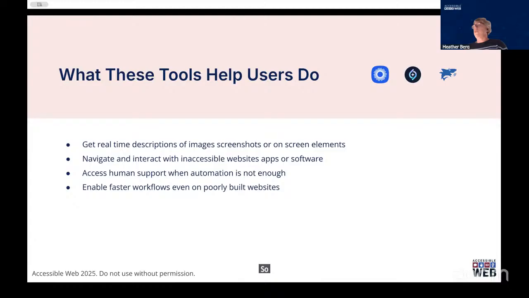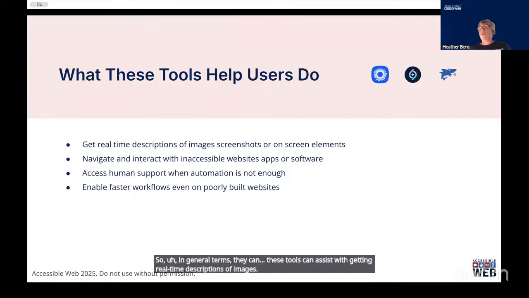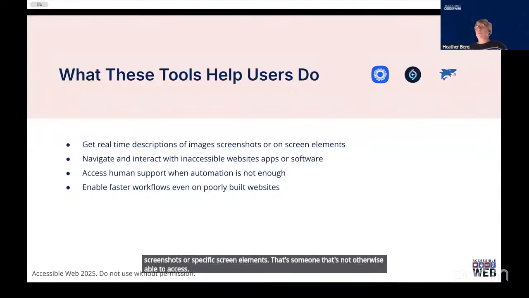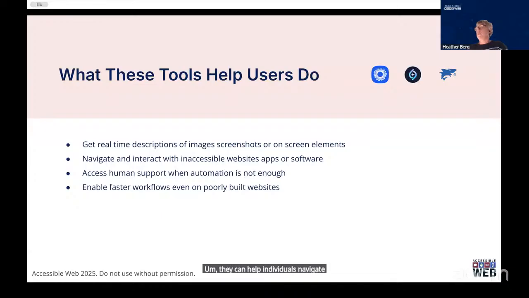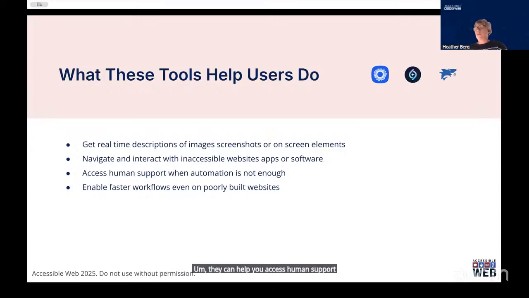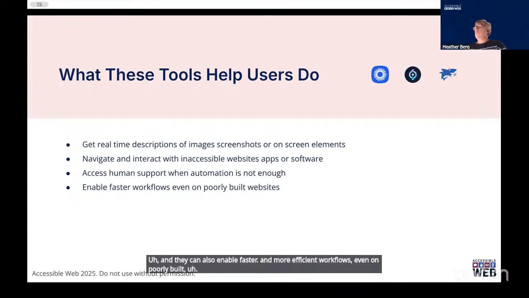So in general terms, these tools can assist with getting real-time descriptions of images, screenshots, or specific screen elements that someone with low vision is not otherwise able to access. They can help individuals navigate and interact with inaccessible websites, apps, or software. They can help you access human support when automation is not enough. And they can also enable faster and more efficient workflows, even on poorly built websites.